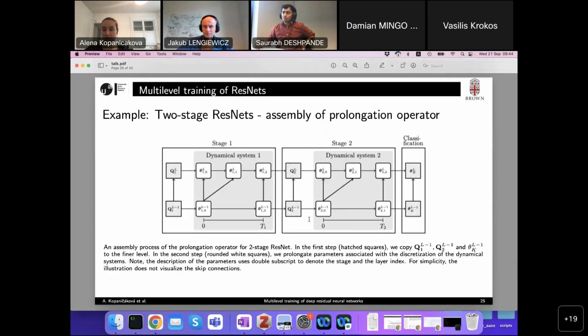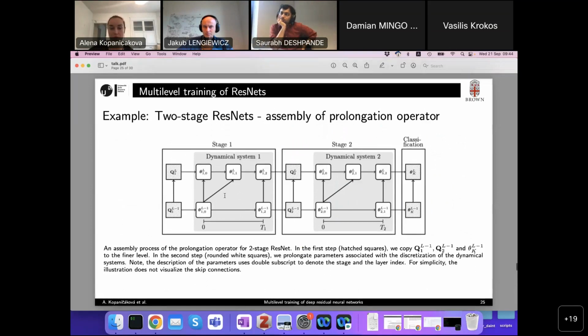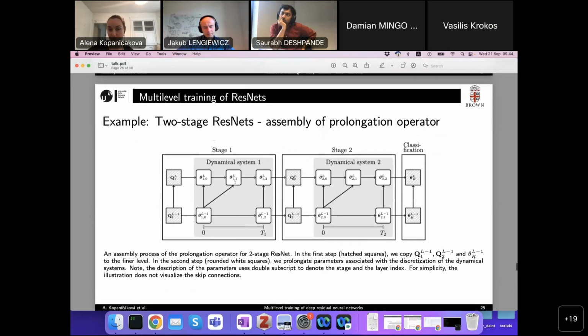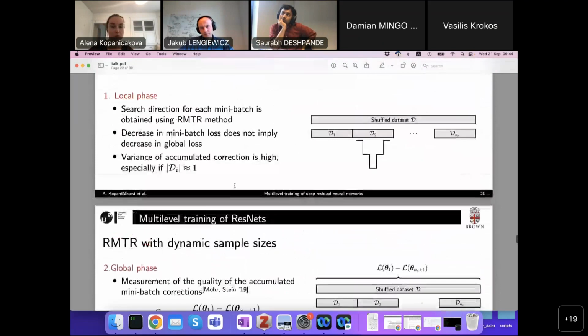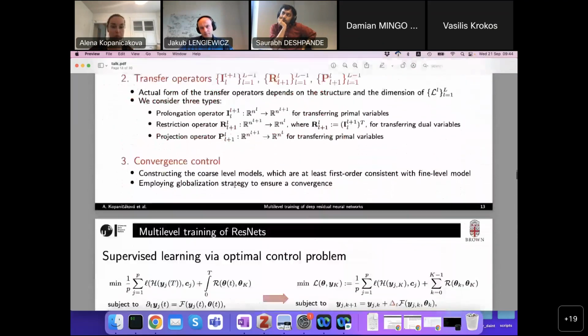No, there is no learning involved. For interpolation, you can employ, for example, a piecewise constant approach, where you basically just copy these parameters to the layer which would correspond to the same time step, and also to the time step which has been obtained by refinement. So let me see, maybe I have a better picture.